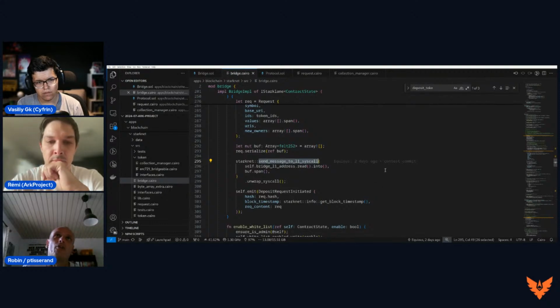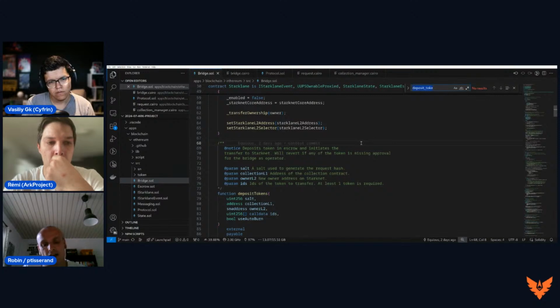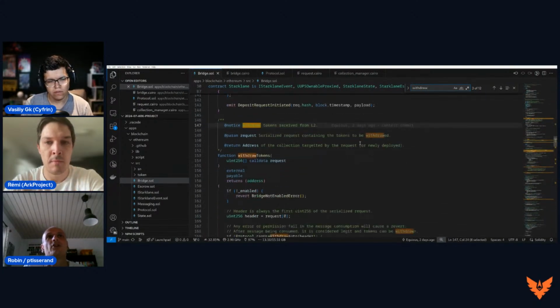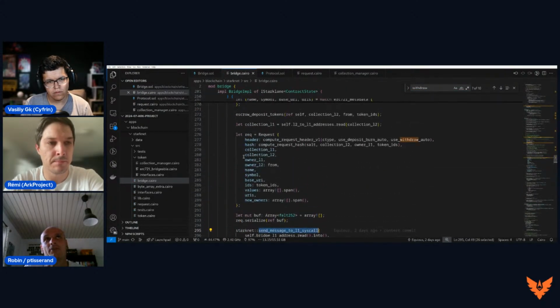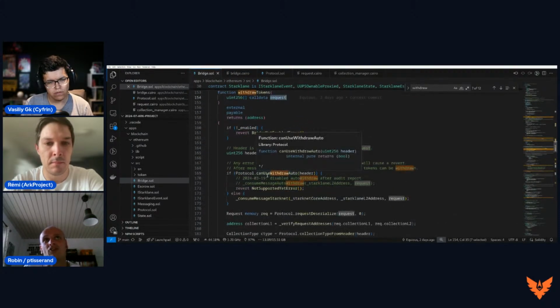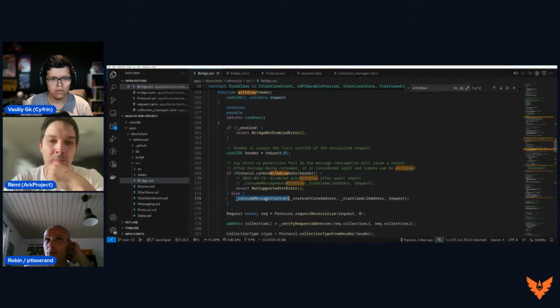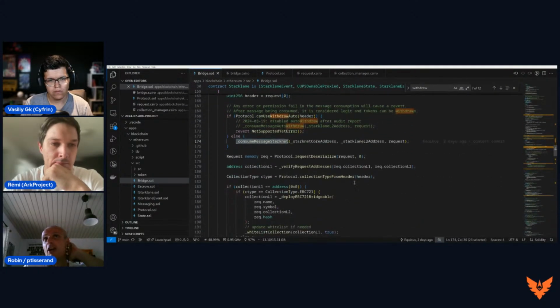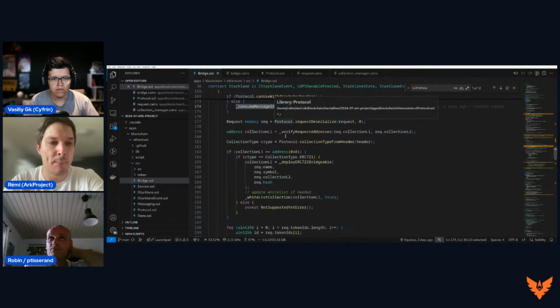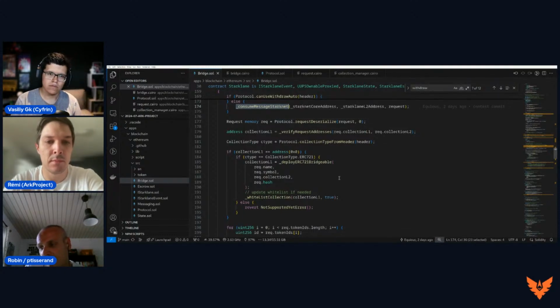Once you bridge from L2 to L1, on the L1 you have to call withdraw tokens with a request. The request is the same as here. Using this request, we are doing several checks. We consume the message on Starknet, and then check if we need to mint the NFT or not.